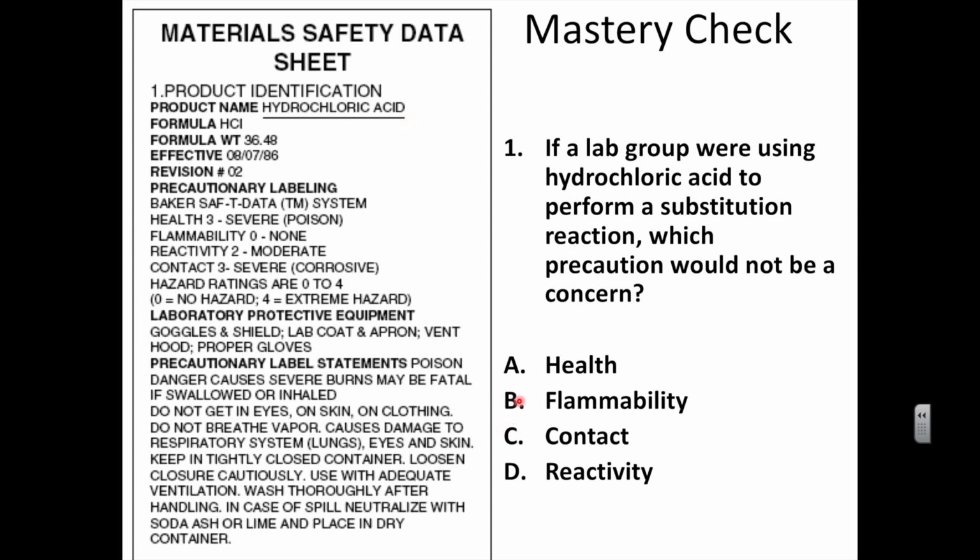Okay, you should have chosen B, because hydrochloric acid is not flammable. All right, flammability is 0. Now, health is severe. You should definitely not drink it, even though it actually technically already is in your stomach. And it is reactive, and it is very corrosive.